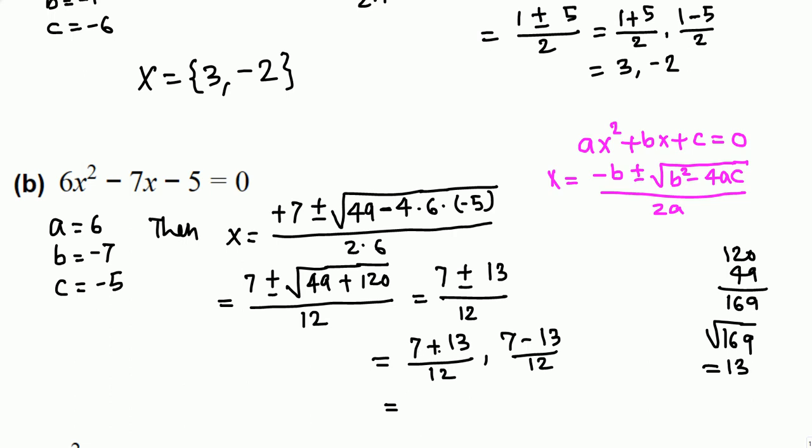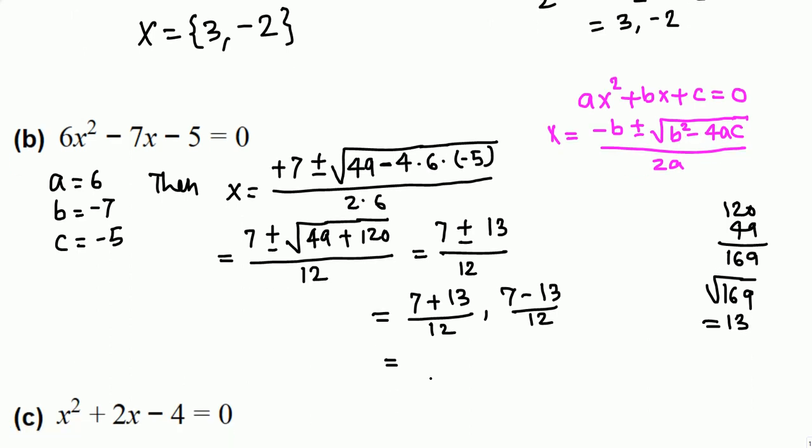That's 7 plus 13, 20 over 12, comma, 7 minus 13, that's negative 6 over 12. Let's write these numbers in their lowest terms. 4 goes 3 times, 4 goes 5 times, so 5 thirds. 6 goes 1 time, 6 goes twice.